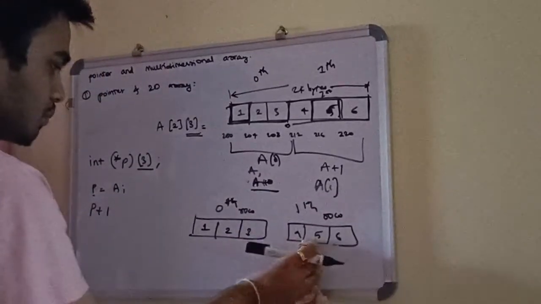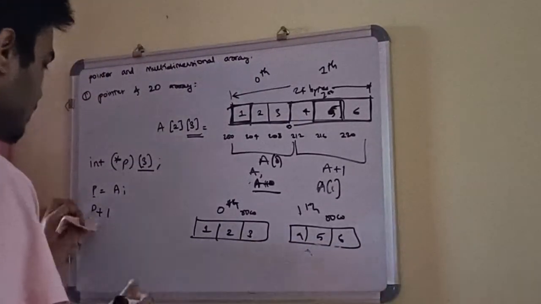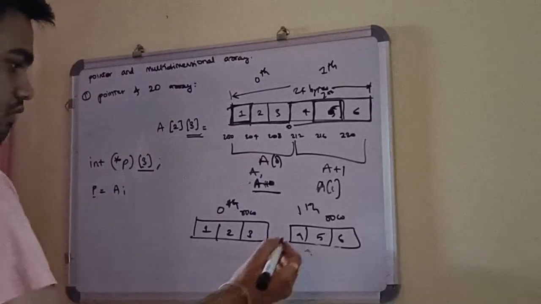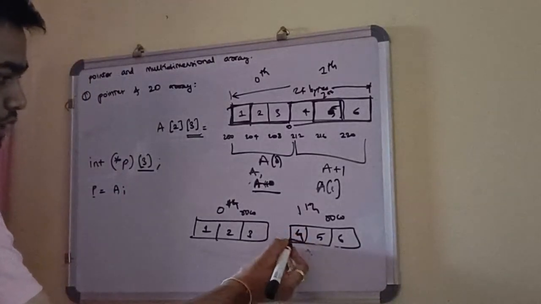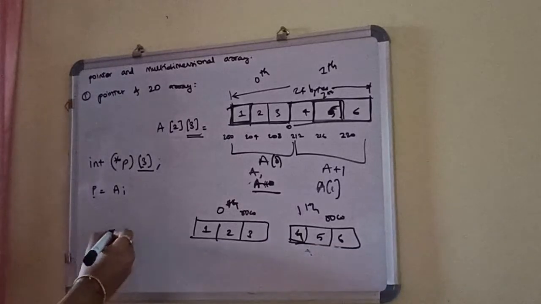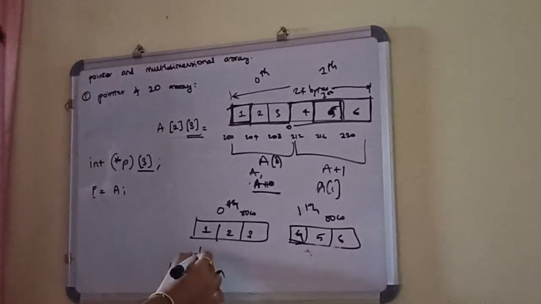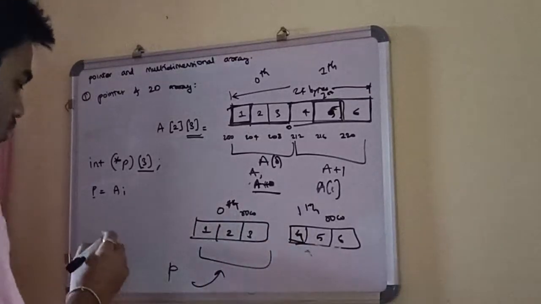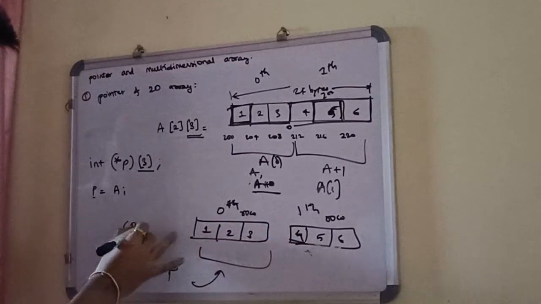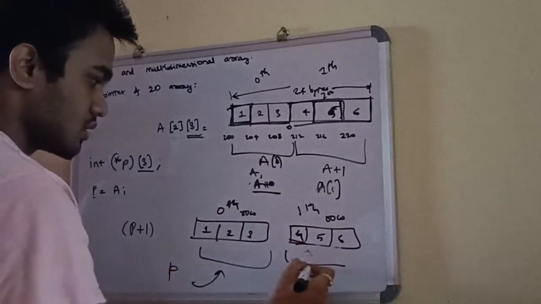Now if I want to print some address or some element, how can we do it? Suppose I want to print 4. Initially p is pointing to this block, so I have to first go to the next block. So I will do p plus 1. I have gone to the next address here.